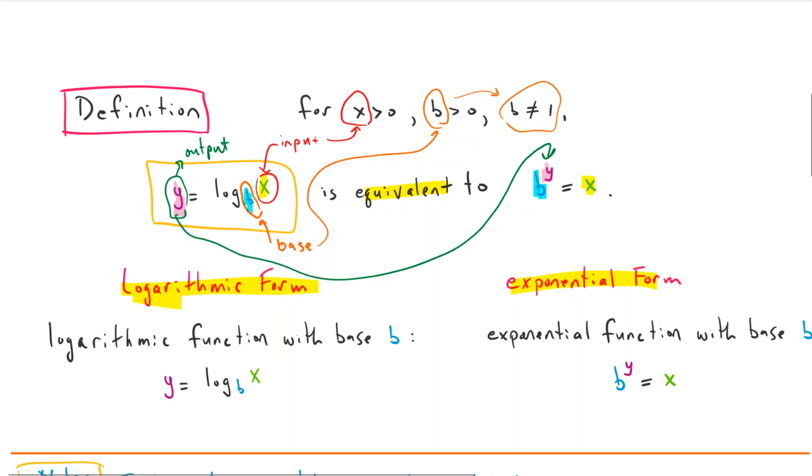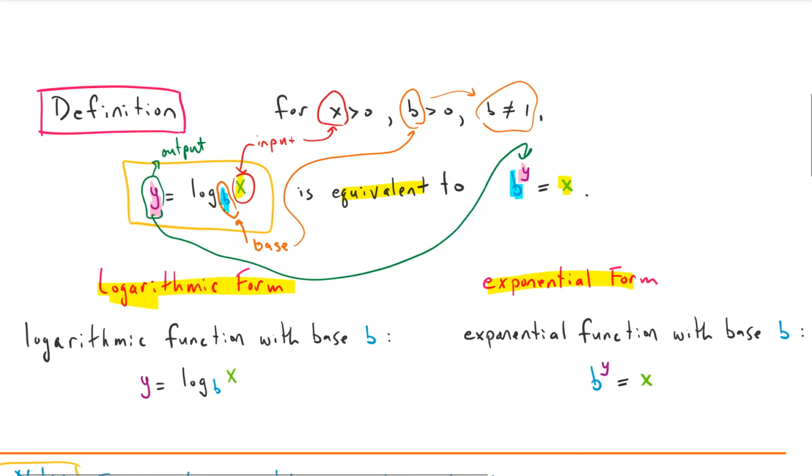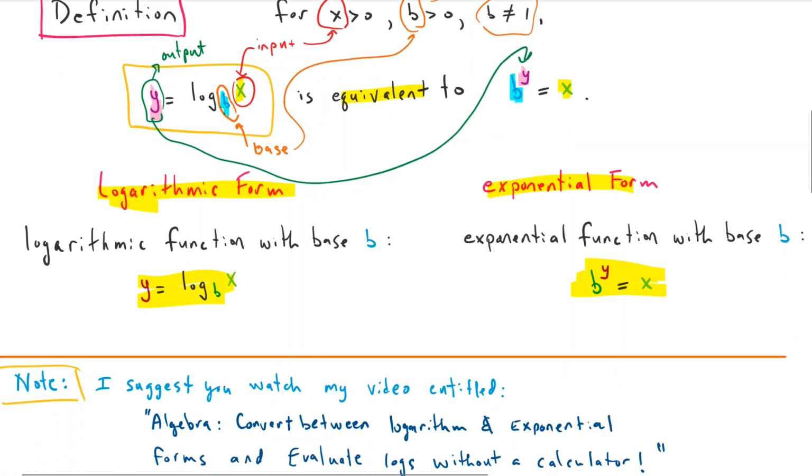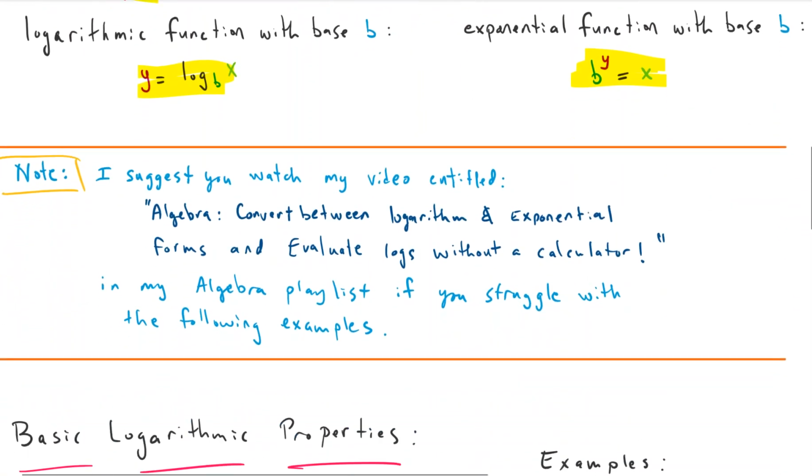So the input on the logarithmic, which is the x, becomes the output on the exponential. And the output on the logarithmic, which is the y, becomes the input or the exponent on the exponential. So on the left we have the logarithmic function with base b, and on the right we have the equivalent exponential function with base b. There is your couple-minute introduction to logarithms. Hope that was helpful.